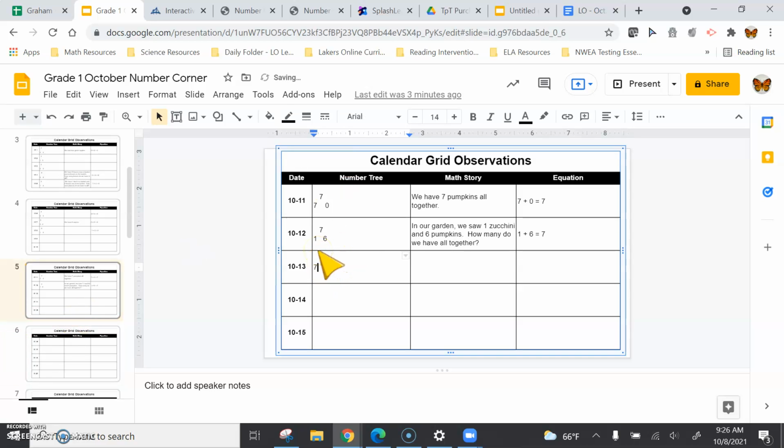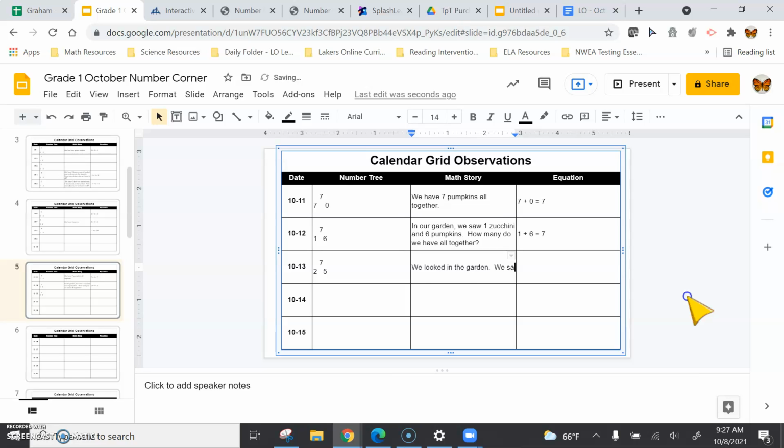We had 7 things on our card. We had 2 zucchini and 5 pumpkins. So let's see if we can make another math story. We looked in the garden.